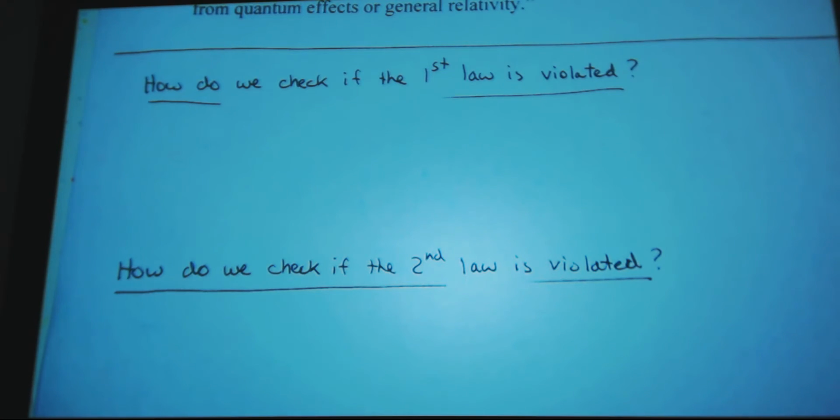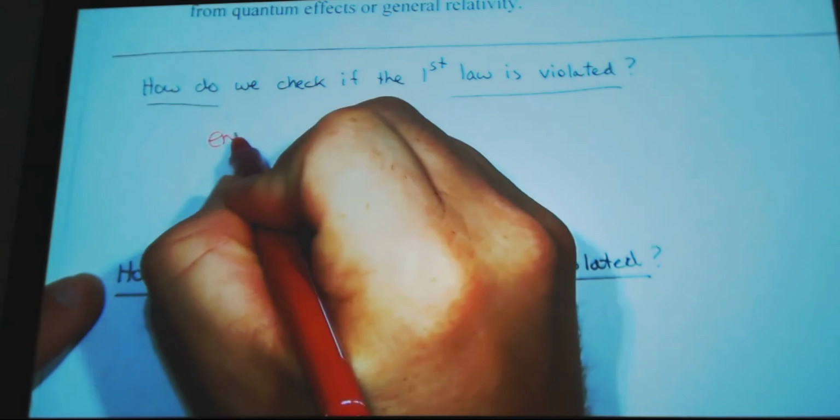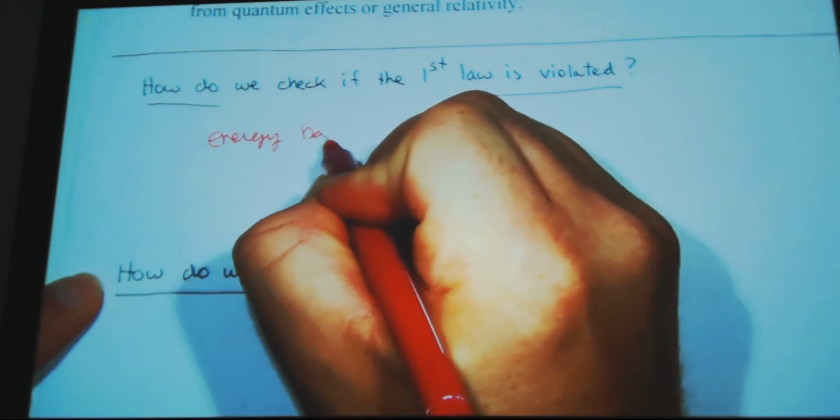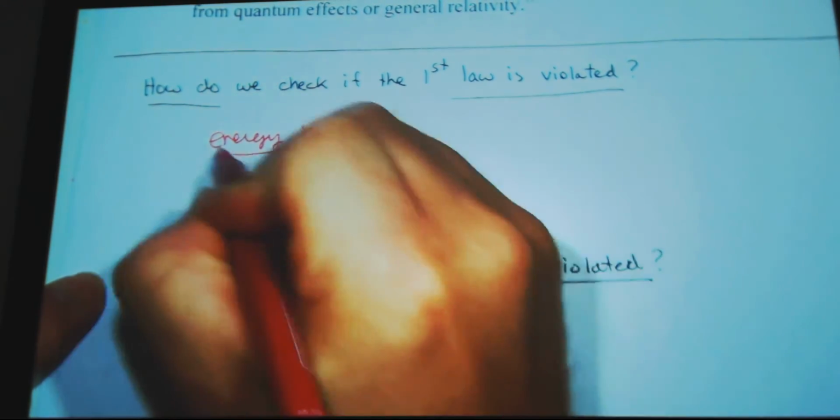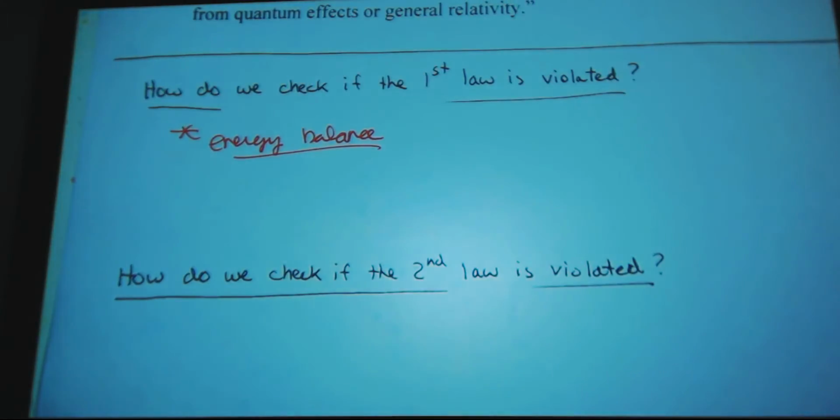So how do we check if there's a violation of the first law? Energy balance. So what have we been doing throughout the course? We've been drawing a schematic, we've been writing out the energy balance, we've been simplifying it. So basically we've been checking if there's a violation in the laws of thermodynamics, right?